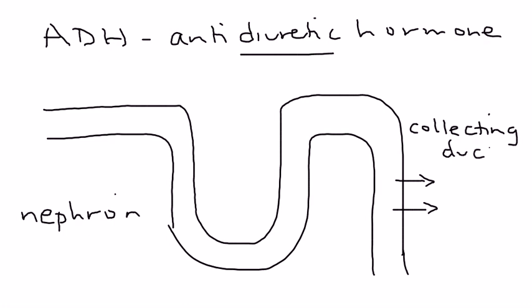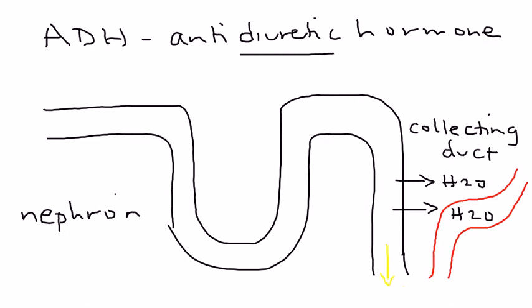What ADH does is it brings back water into the bloodstream. So if you have a blood vessel, ADH will bring back water from the urine into the bloodstream, and the urine will therefore be concentrated. A lot of the water has been brought back into the circulation.